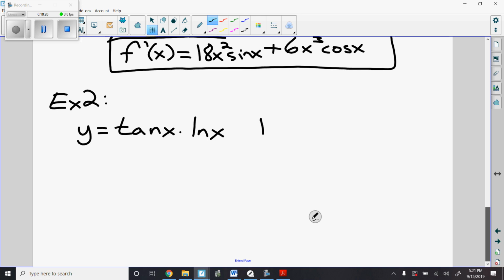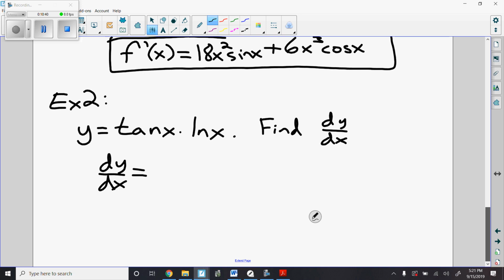I'm going to ask you to find dy dx. Again, dy dx we know is the notation for the derivative of the function y with respect to x. To find dy dx, well, I'll say dy dx equals this.